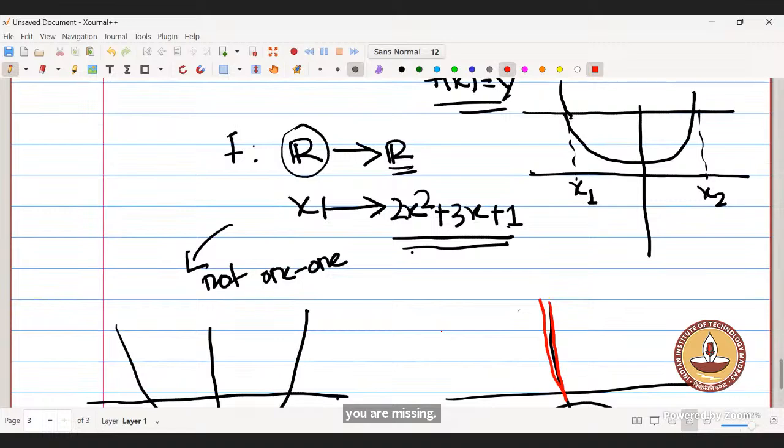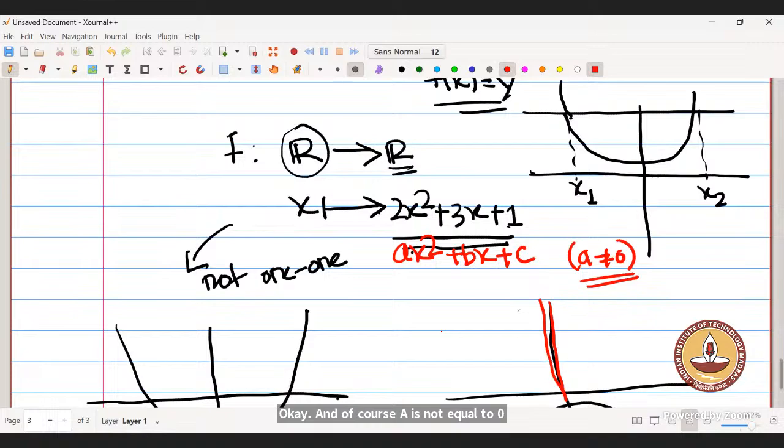So if I take any quadratic equation, ax square plus bx plus c, and of course a is not equal to 0, in this case this is neither one-one nor onto, right?